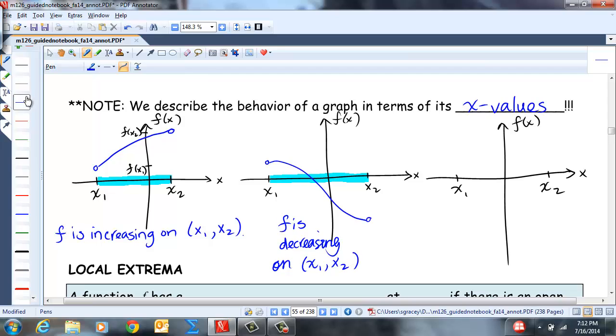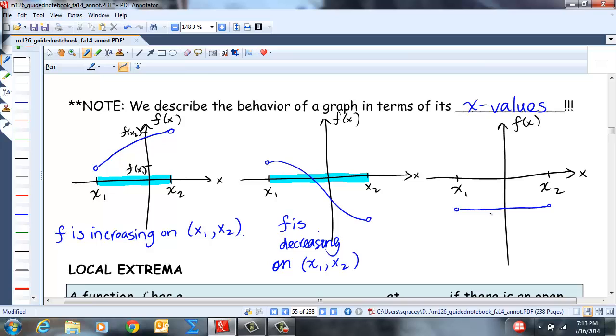Okay, so a constant function would have something going on like this. I meant this to be a horizontal line. Let me make this neater for you. Okay, so here, do you see we're neither increasing nor decreasing? We're constant. We have the same y value.